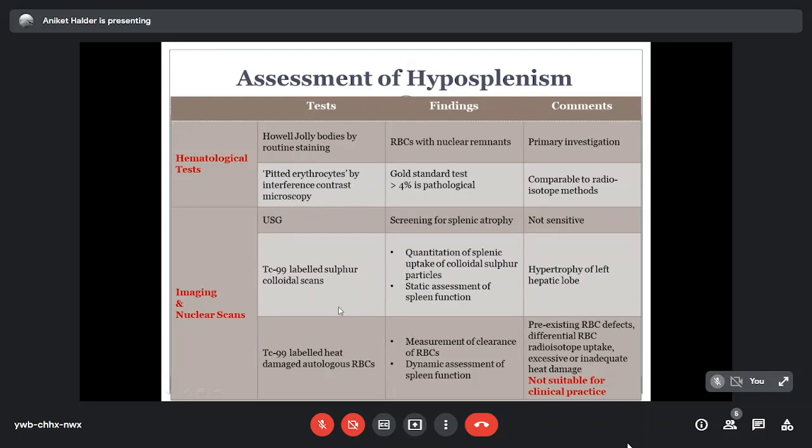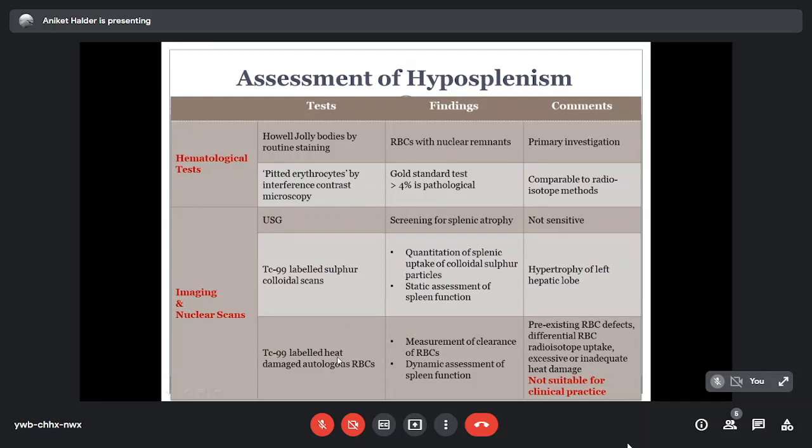Now, in the technetium sulfur colloidal scan, the quantitation of the splenic uptake of the colloidal sulfur particles is assessed, and this static assessment of the splenic function can identify whether there is any underlying hyposplenism or not.